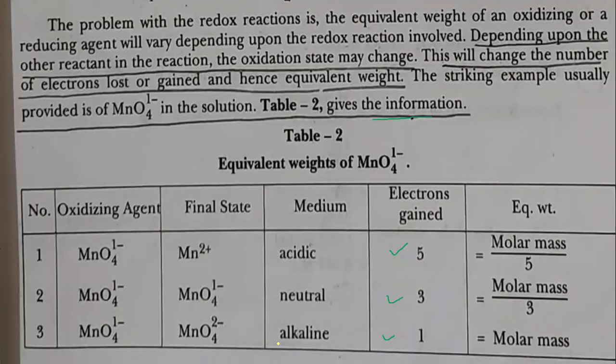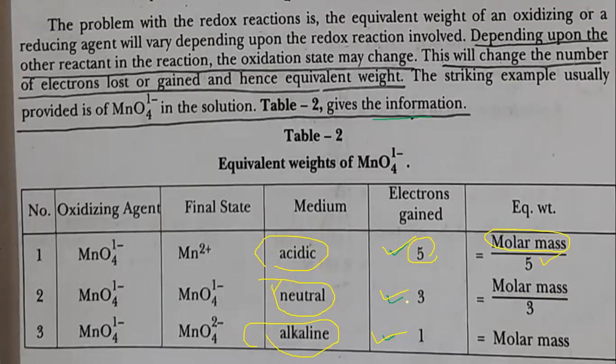So now see what happens in the case of KMnO4. KMnO4 behaves in a different way under acidic, neutral and alkaline conditions. See, in acidic condition, it takes 5 electrons. In neutral condition, it takes 3 electrons. In alkaline condition, it takes 1 electron. So to find the equivalent weight of KMnO4 in the acidic condition, its molar mass should be divided by 5.